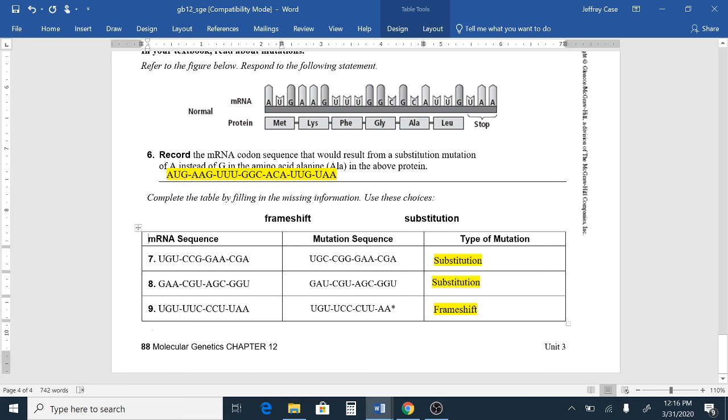Everything shifts back one spot, and that's why we're left with only a 2 base codon at the end, and that's why there's that little asterisk there. Notice it changes everything after the mutation. Instead of UUC, now we have UCC. Instead of CCU, now we have CUU. Instead of UAA, now we have AA, and that's it.